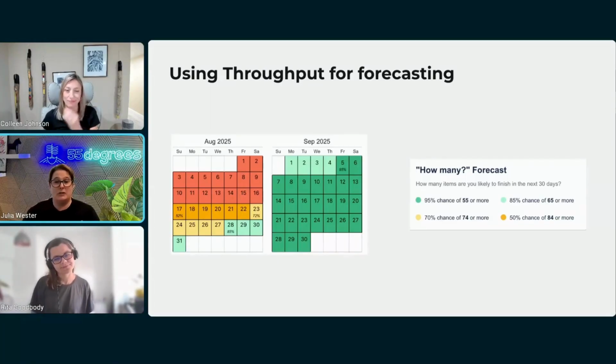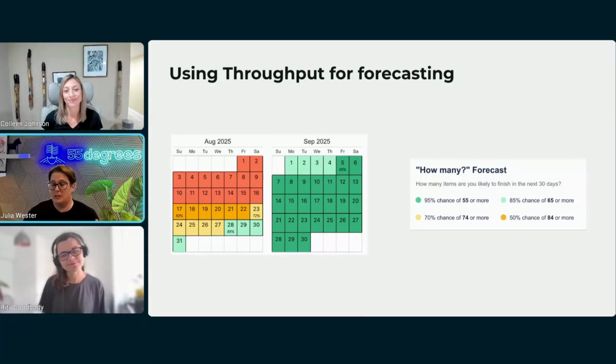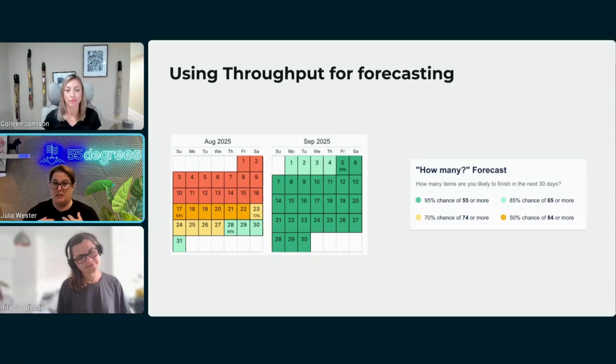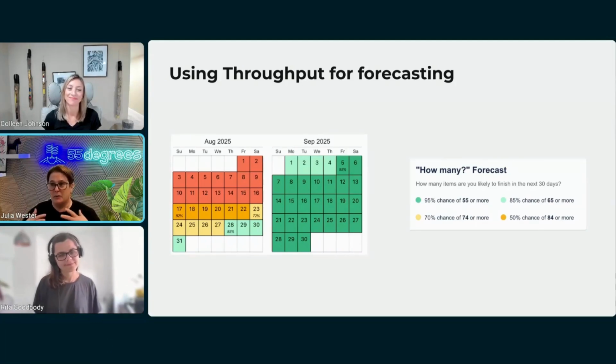And then I can use something called a Monte Carlo simulation. So in Actionable Agile Analytics, we use Monte Carlo simulations. They're nothing proprietary. They are sort of the industry standard way to forecast in uncertainty.